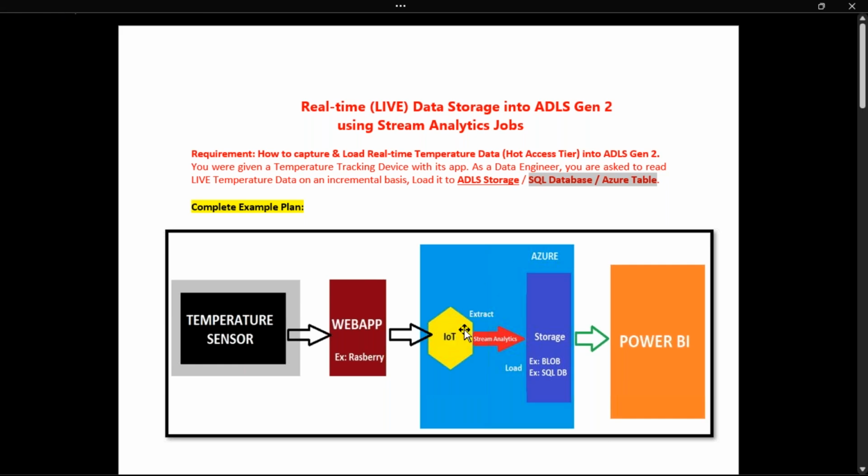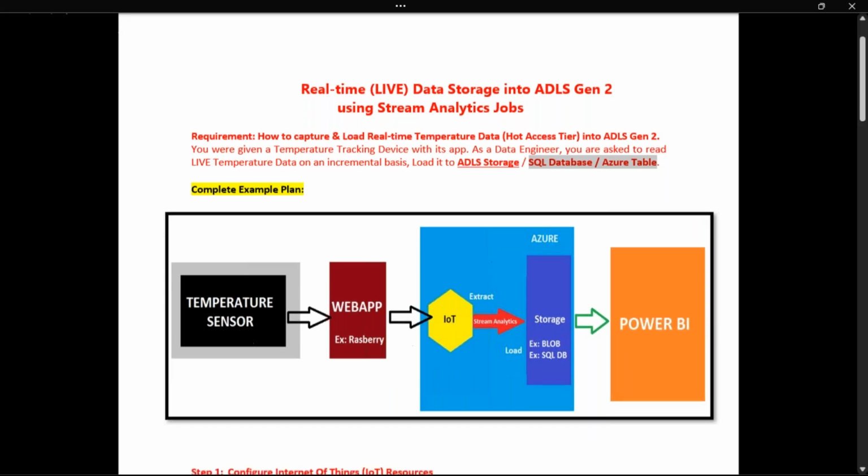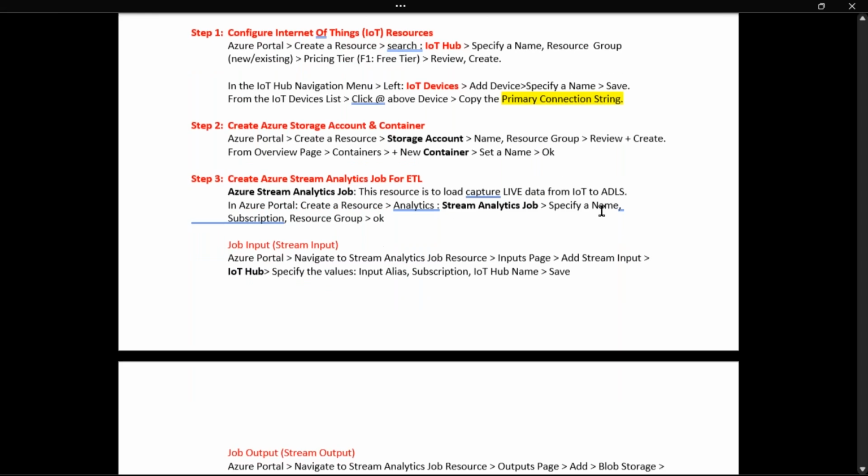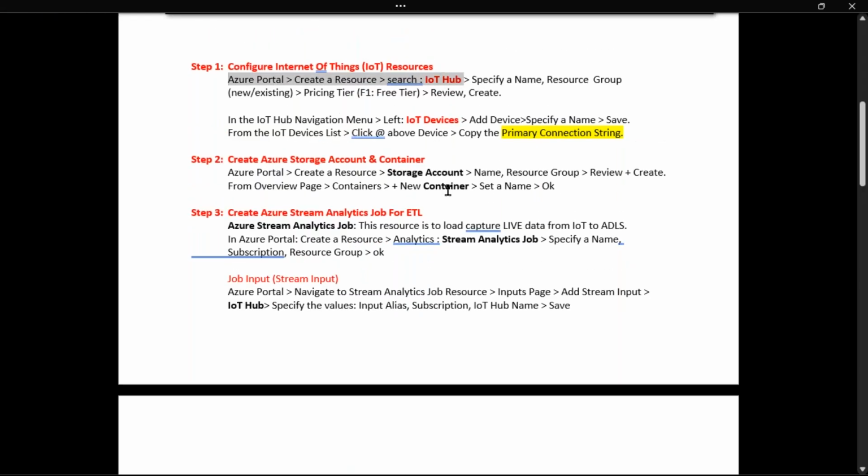IoT is the cloud interface, the front-end interface for our required data consumption. Here in this case, to streamline the data, give it to storage. In your task, it will be database and tables. Let's get started slowly, step by step. So configure IoT hub, some new items, new terminology. Observe carefully here.